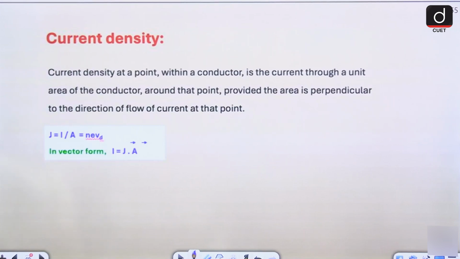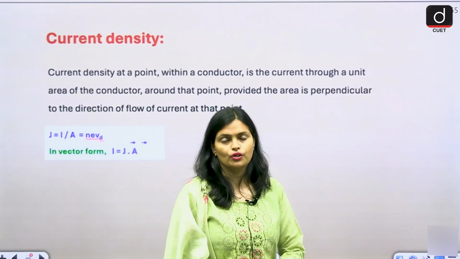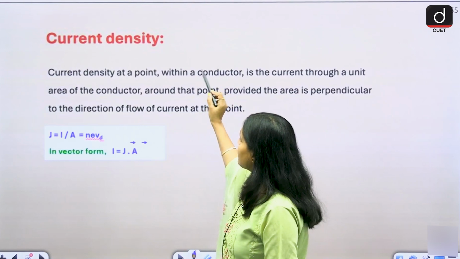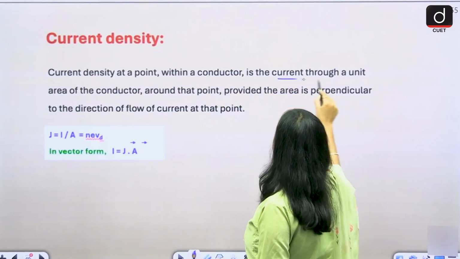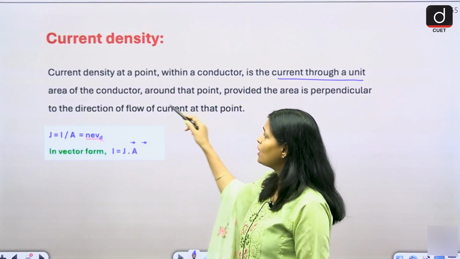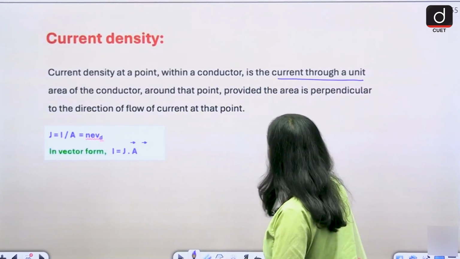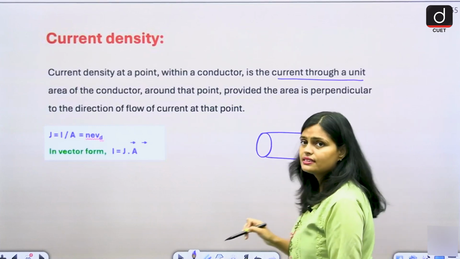Now current density. Okay, what is current density? Density का मतलब क्या होता है? Mass upon volume. Current density at a point within a conductor is the current through a unit area of a conductor around that point. Simply ऐसा समझिए कि suppose this is your conductor.